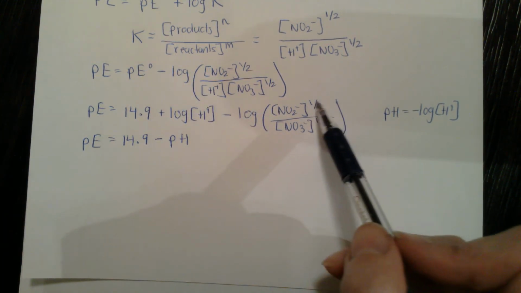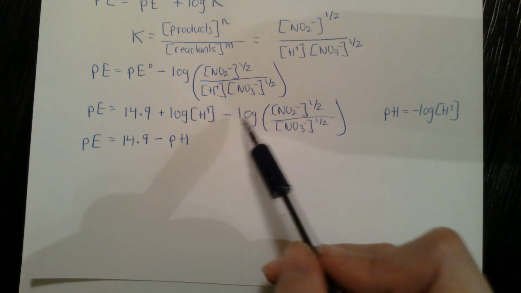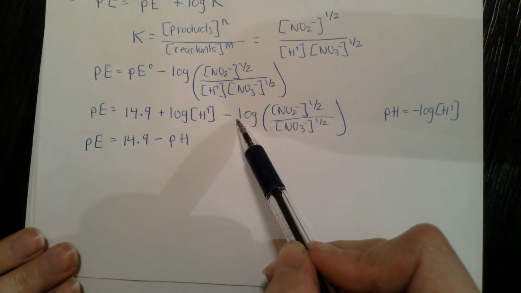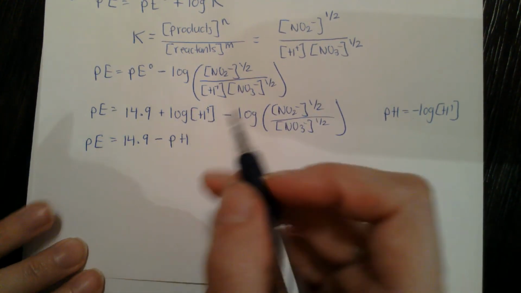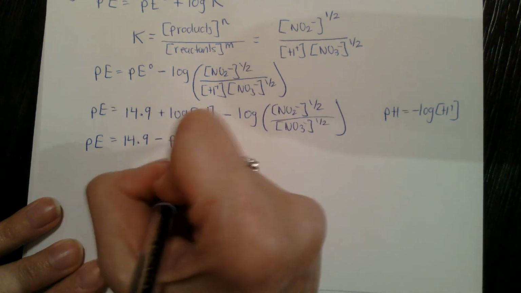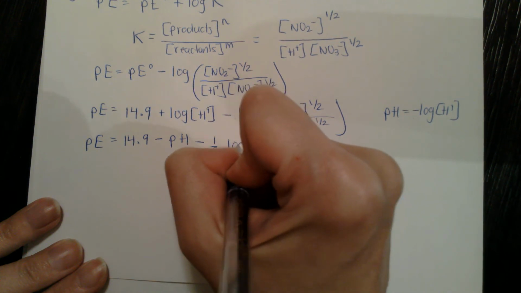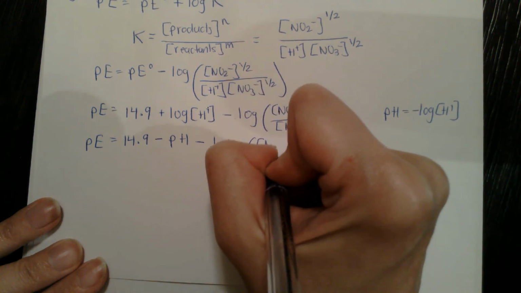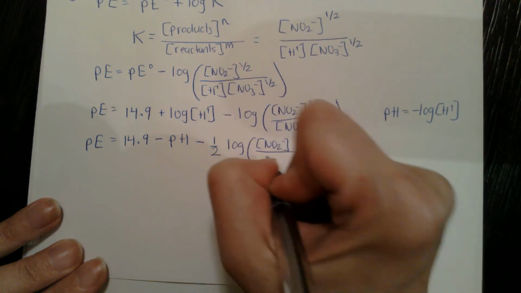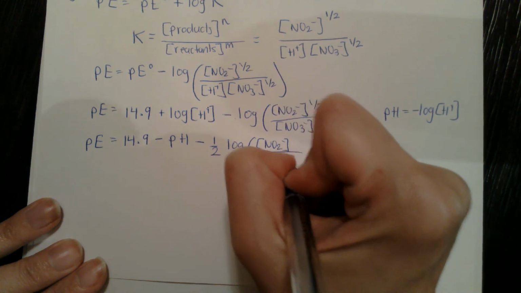And here, because these coefficients are the same, I can bring these out as a multiplier. So we get minus 1/2 log of NO2 minus over NO3 minus.